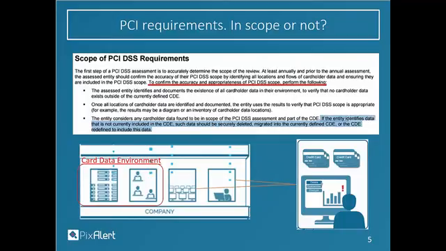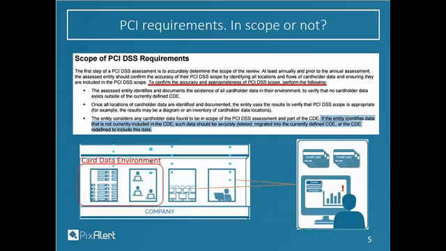For an organization to confirm the accuracy of what is inside their environment and what should be considered in scope, they need to verify that there is no cardholder data outside the defined environment. To do this accurately, data discovery is a necessary piece of the puzzle.